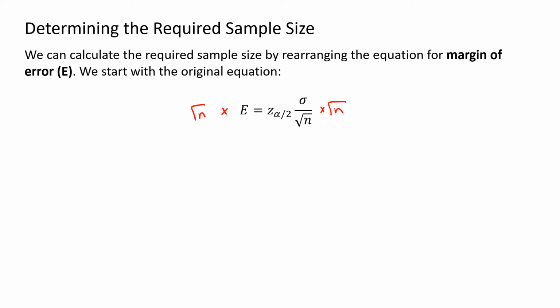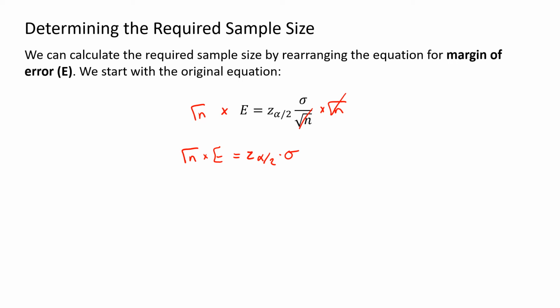Remember, you can do anything you want to either side of these equations as long as you do the same thing to both sides. So if I multiply both sides by the square root of n, on the left-hand side, I have the root of n times e. On the right-hand side, I have the root of n in the numerator and the denominator, so they cancel. So I'm left with just the z-score times sigma.